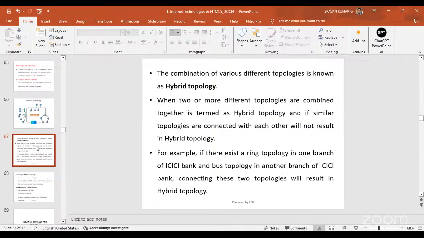When two or more different topologies are combined together, it is termed a hybrid topology. If similar topologies are connected with each other, that will not be called a hybrid topology.